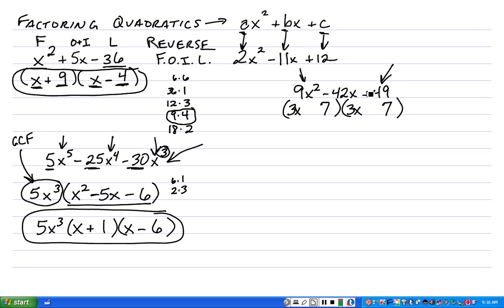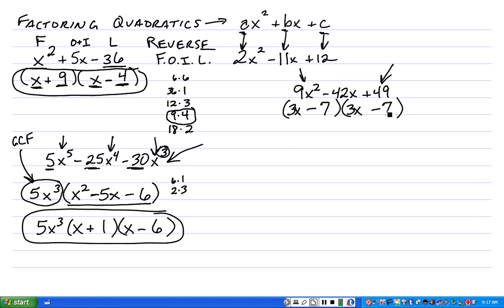Now it has to be a positive 49, which tells me I have to either have both of these 7s as positive 7s, because a positive times a positive is a positive, or both of these 7s have to be negative 7, because a negative times a negative is a positive. But here's the thing, we need our middle term to be negative. So the fact that we need our middle term to be negative lets me know that I need both of these 7s as negative. Alright, so now I've finished.